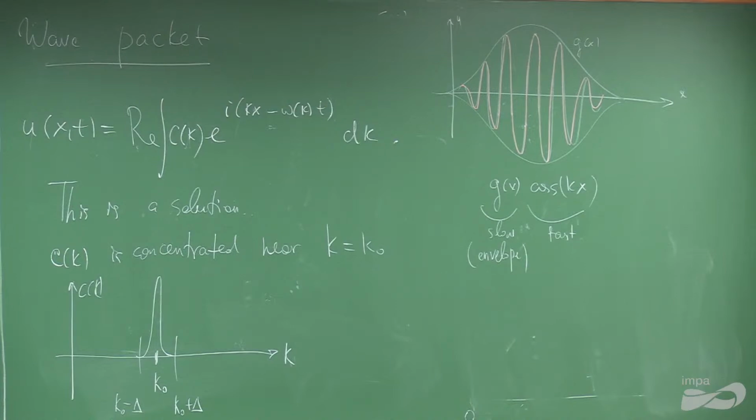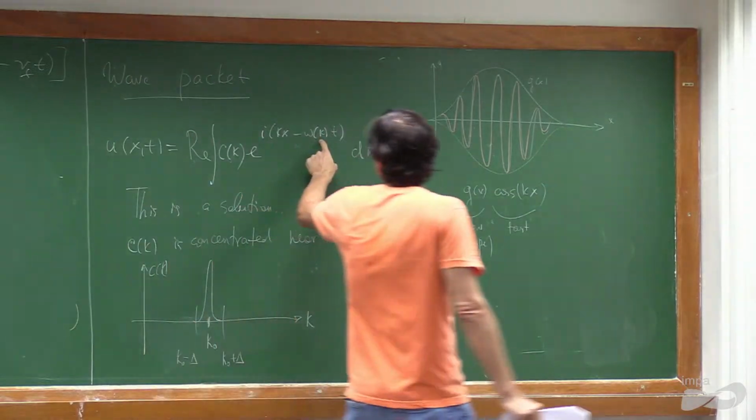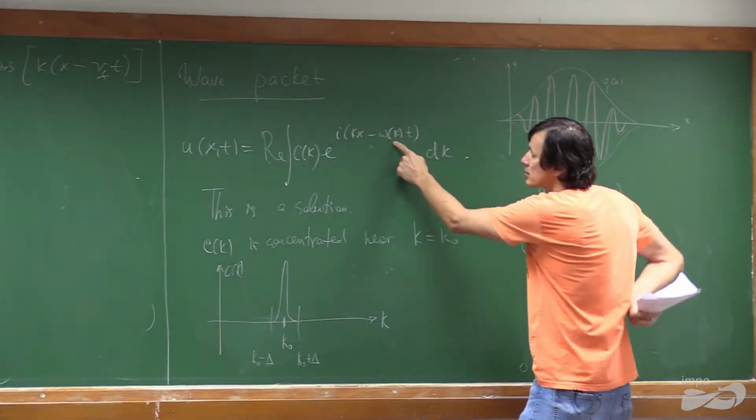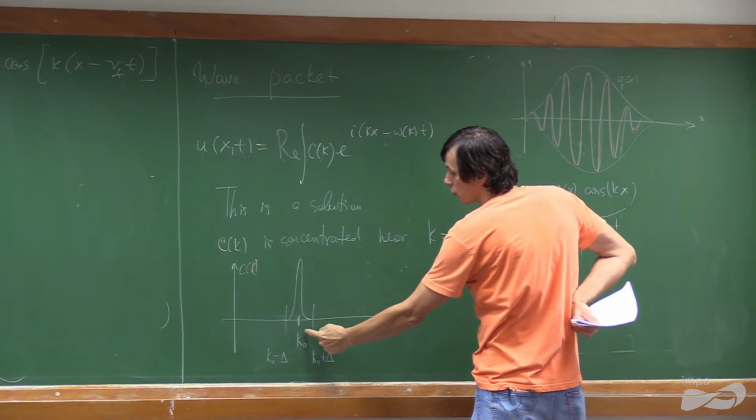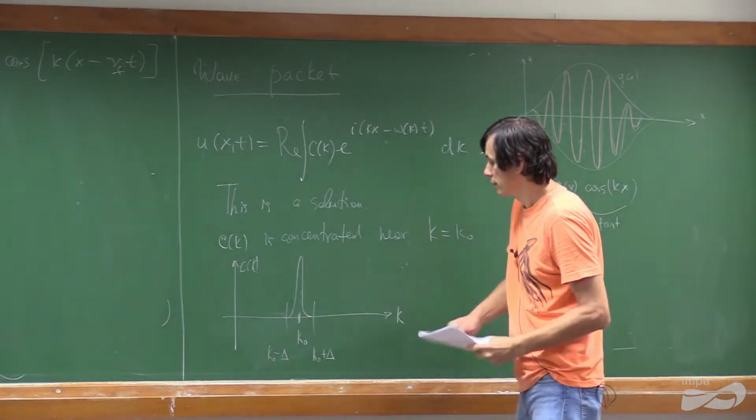Let's first consider time equals 0. No, before taking time equals 0, first what we should do: we have this omega(k) inside, but it's multiplied by a function which is not 0 only near k0.